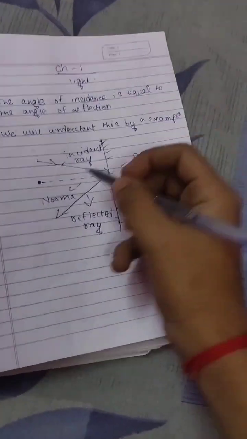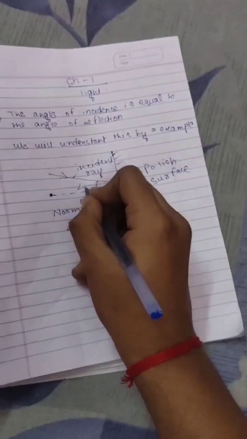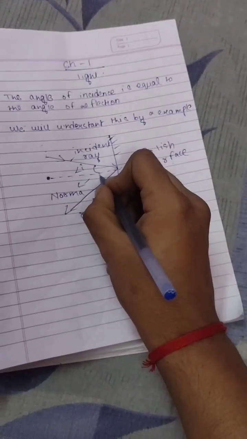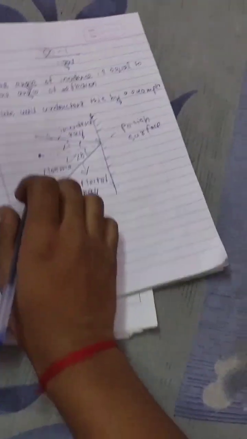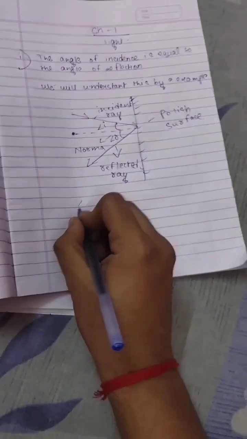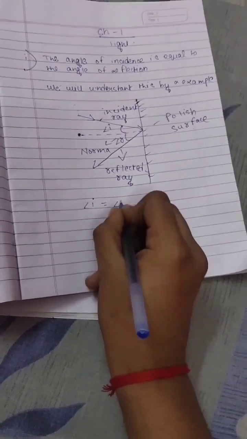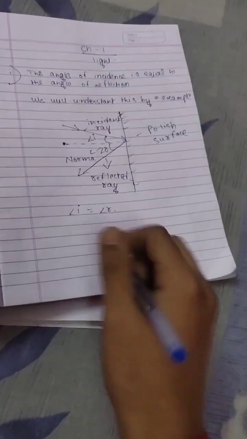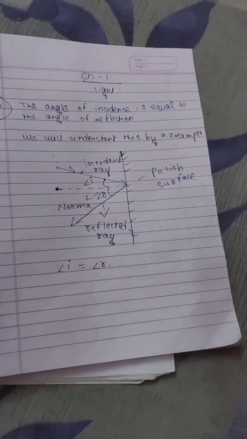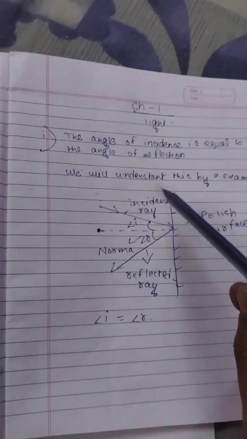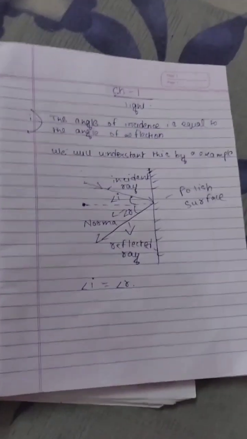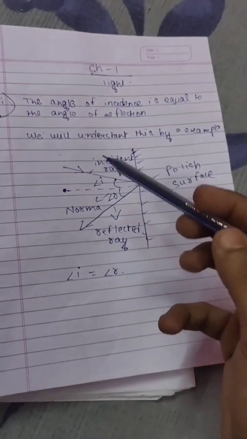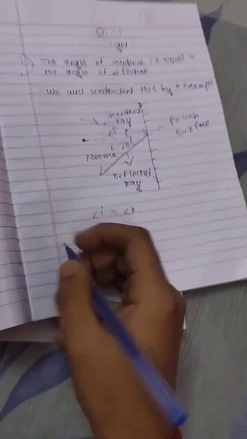This is the angle of incidence and this is the angle of reflection. Since they are equal, the angle of incidence equals the angle of reflection. We will use this every single time.